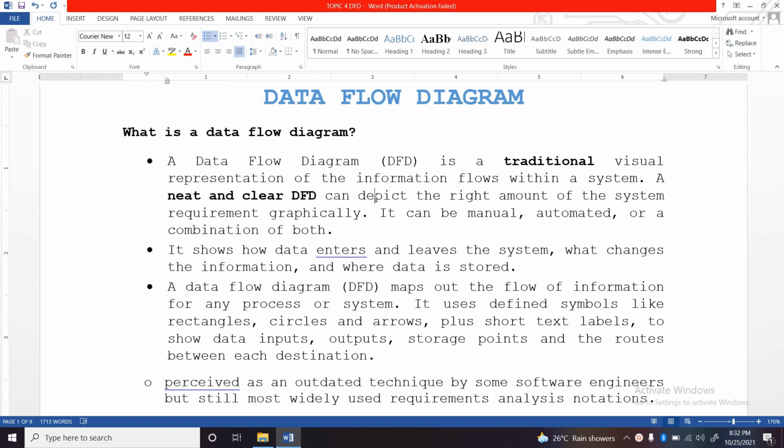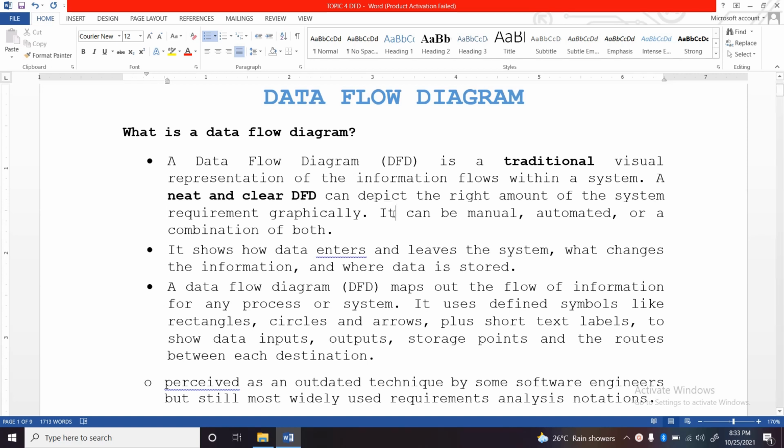So we are going to start on specifying the particular requirements, and the data flow diagram will depict or represent those system requirements that were obtained not only from the customer but also from the two-way process between the developer of the system and the customer per se.